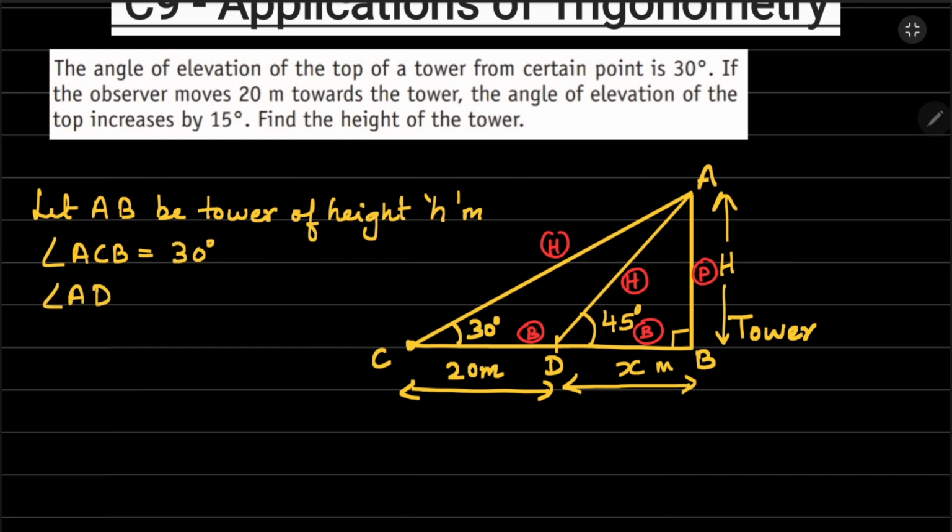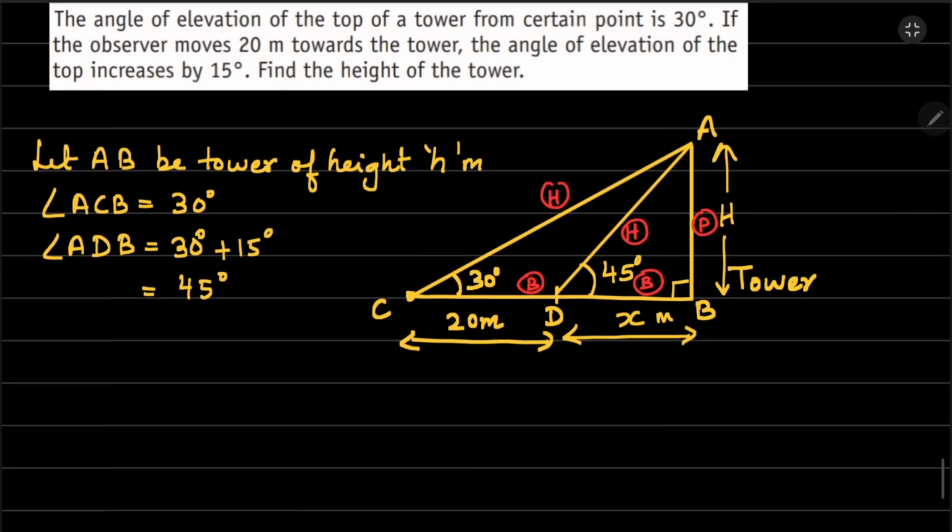Angle ADB, that is your new angle after the observer has moved 20 meters, is nothing but 30 degrees plus 15 degrees, which is 45 degrees. Let CD, the distance that he walked from the initial to final point, be 20 meters, and let DB be x meters.